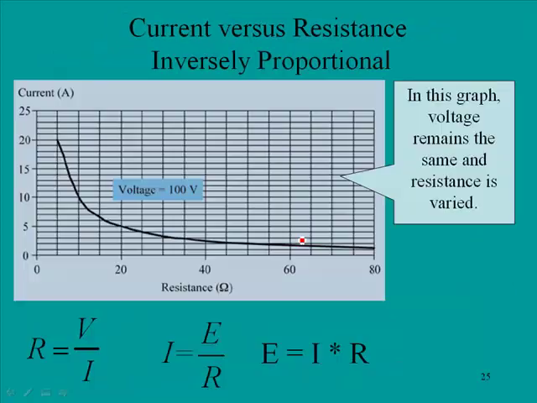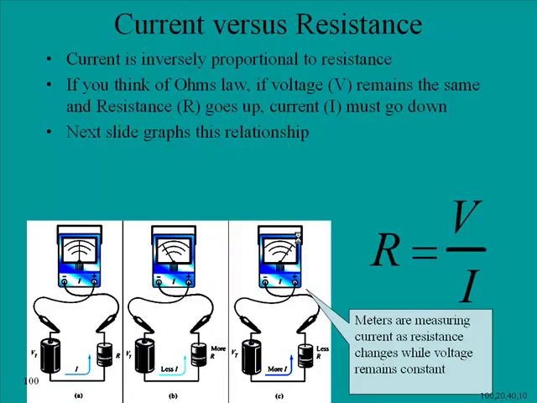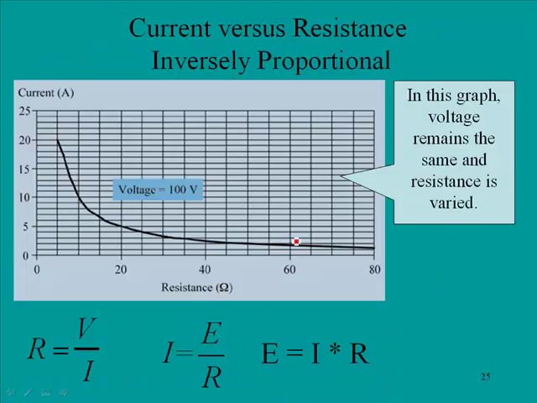If we were going to look at this on a graph, let's see, what was our initial voltage? We started out with 100 volts and 20 ohms of resistance, and remember our current was 5 amps.